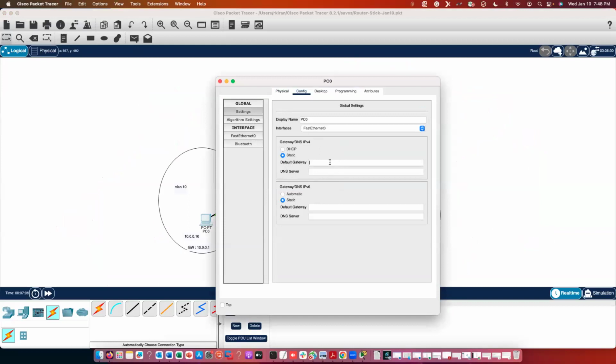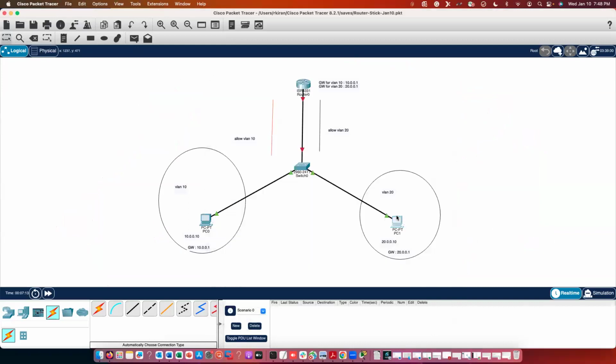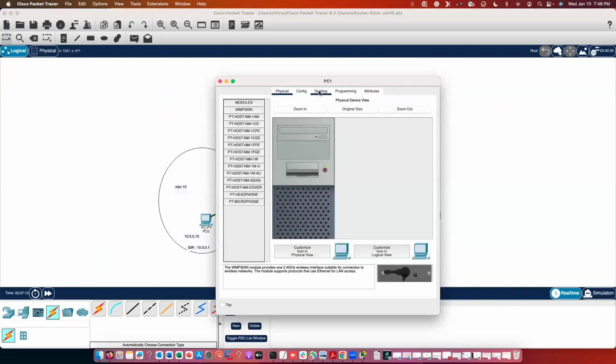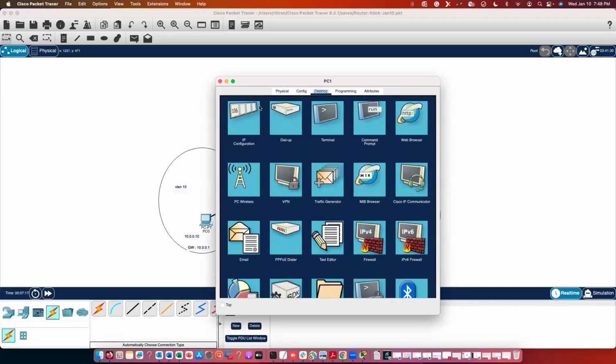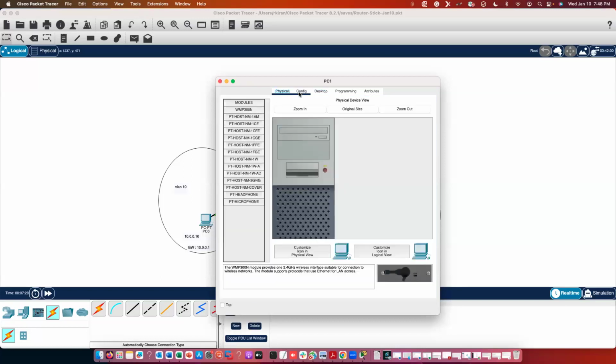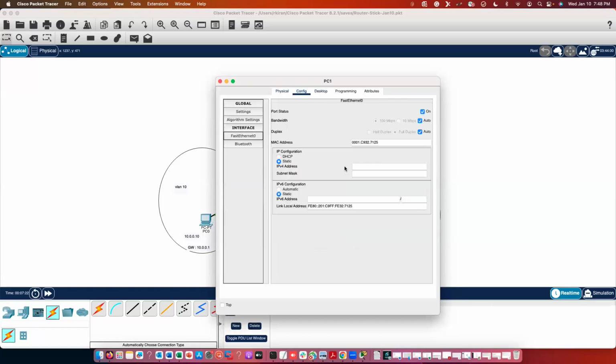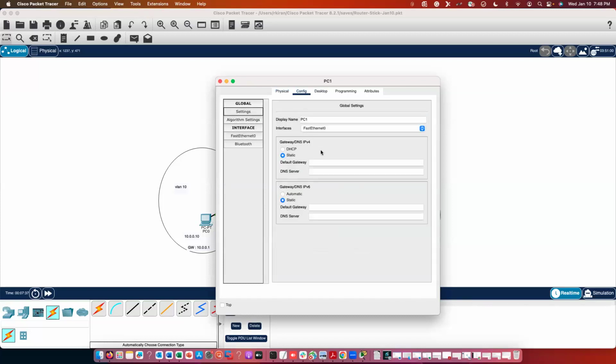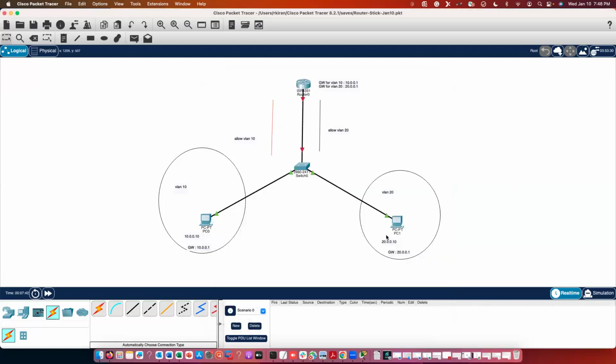Let's define the gateway. Okay, PC1, 20.0.0.10, and then define the gateway. Okay, this part is done.